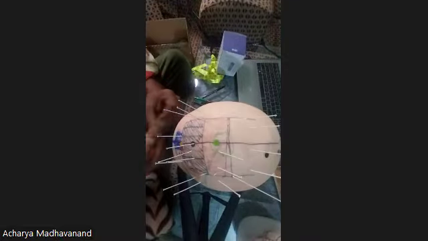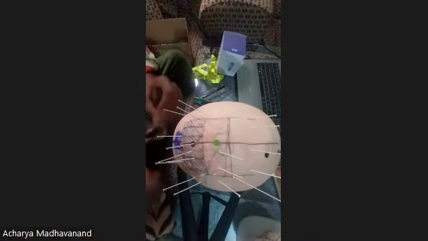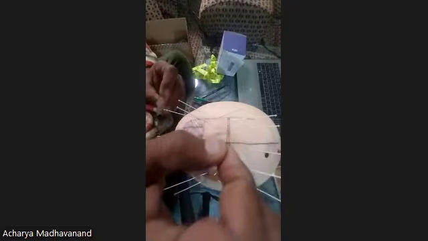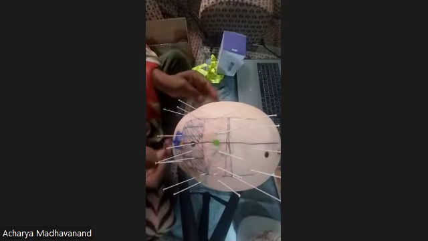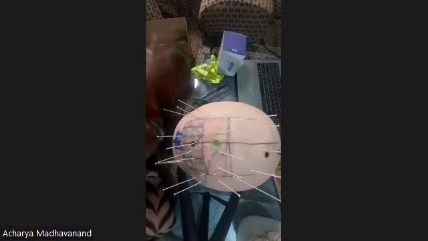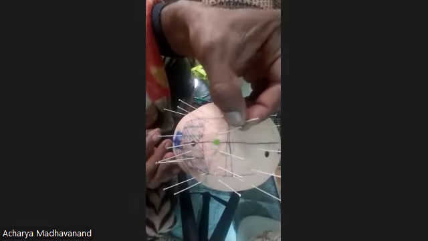Okay, like this. Then another needle you put crossing with this line on the center. In this way, you can use the needles and stimulate like this.